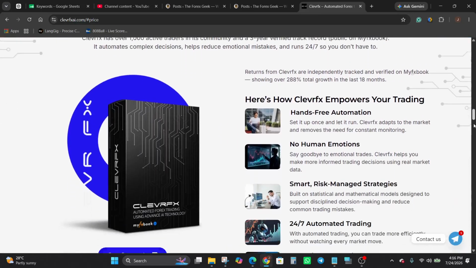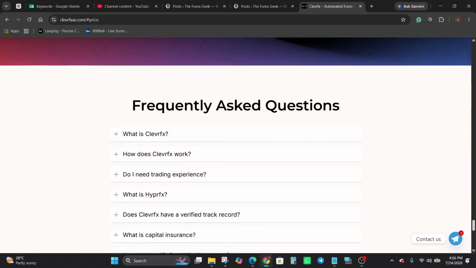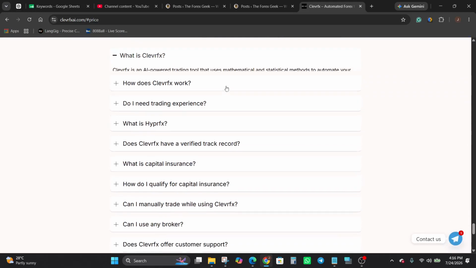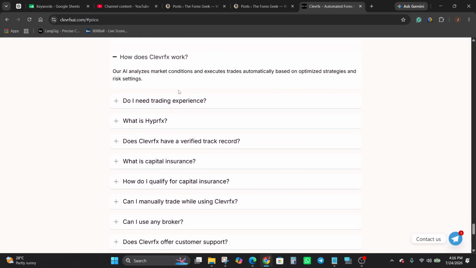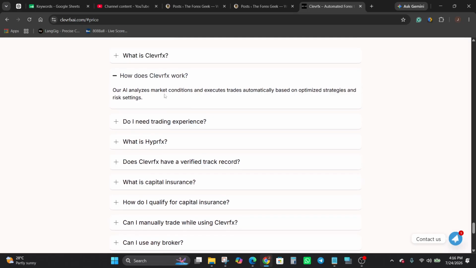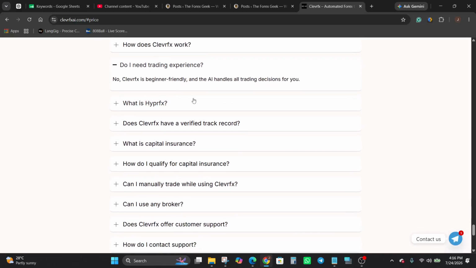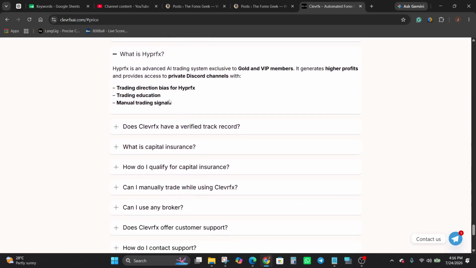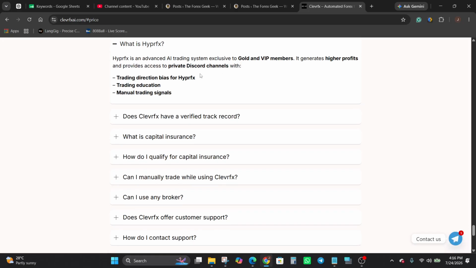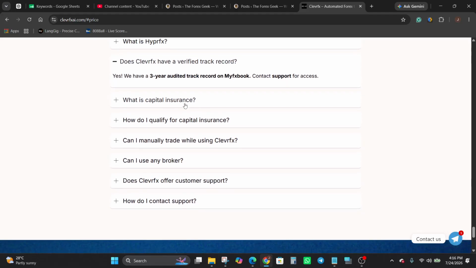Let's just briefly look at the FAQ before we conclude. This is what is Clevrfx, how it works: it analyzes market conditions and executes trades automatically based on optimized strategies. No trading experience needed. There is access to private Discord channels.